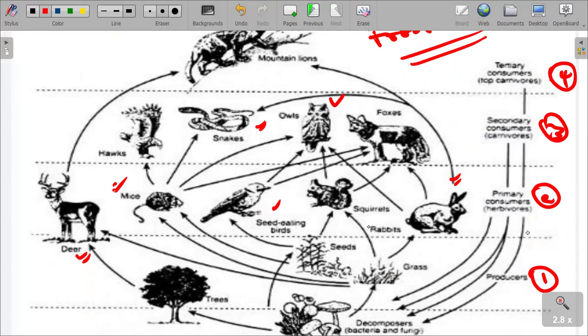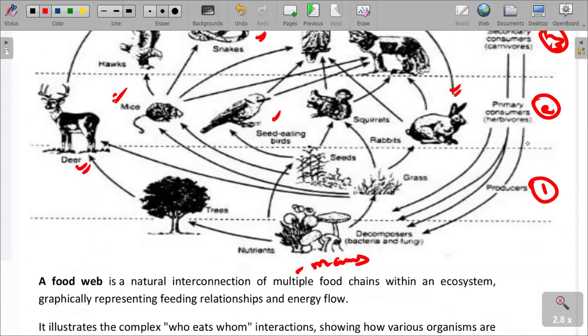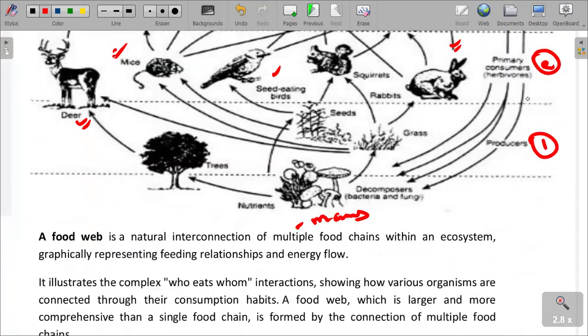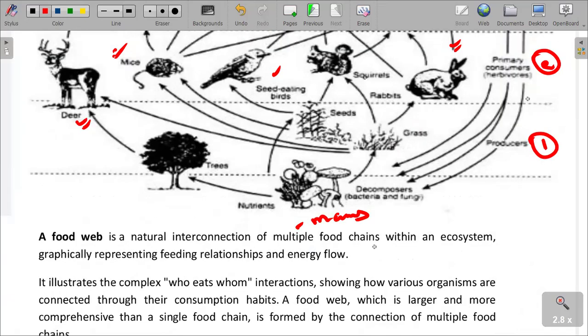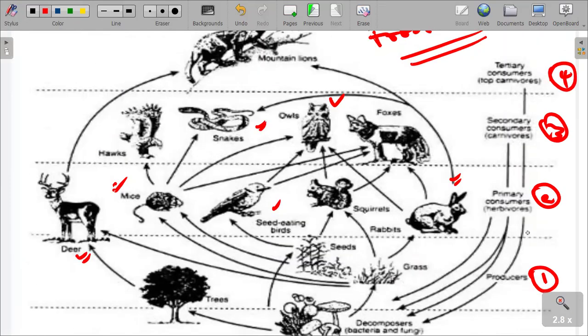So what happens is that there is an interconnectedness of multiple food chains within an ecosystem that are graphically representing the movement of energy and feeding relationships that we have shown. So the arrows are showing transfer of energy.